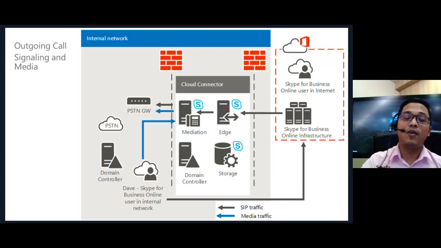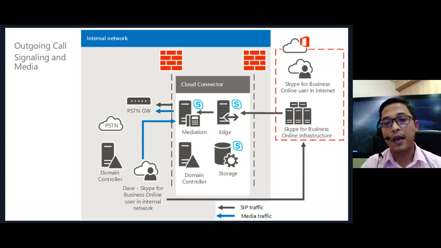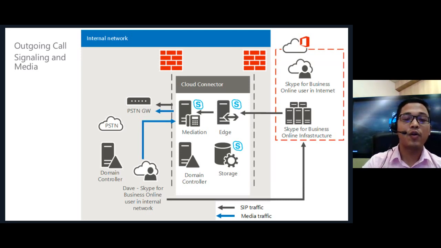All right, and then I would also like to talk about the very basics of how the call comes into the picture. Let's say, for example, Dave is a cloud user, but currently he is on premise. He wants to make a PSTN outgoing call. First of all, he has to log into Skype for Business Online and send his signaling all the way to Skype for Business Online.